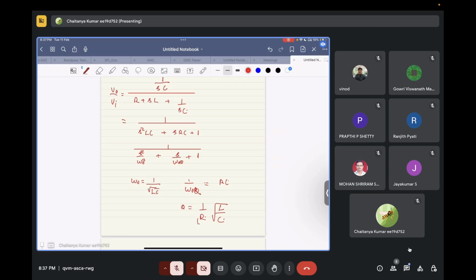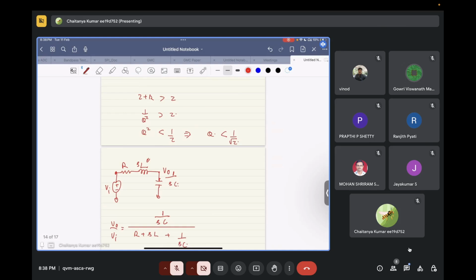All you need to do is reduce this R. For given L and C, you can reduce R to get whatever quality factor you want. Is this clear? So if you have inductors in the circuit, then you can make a low pass filter with any quality factor. Is this clear?